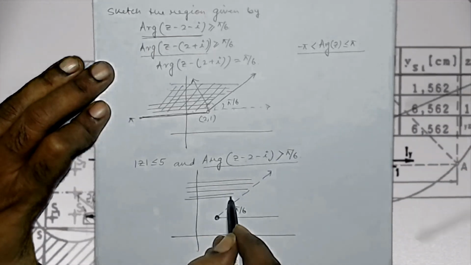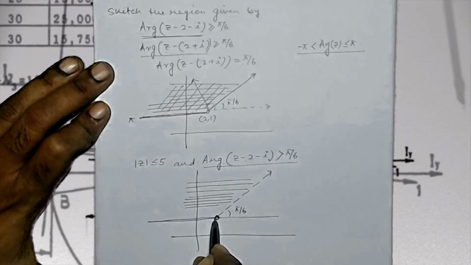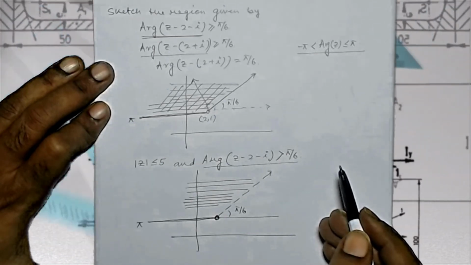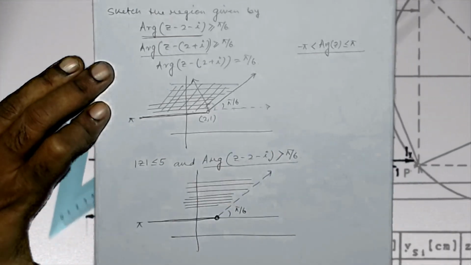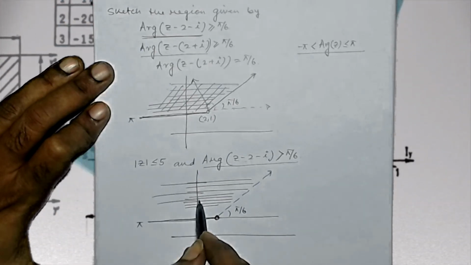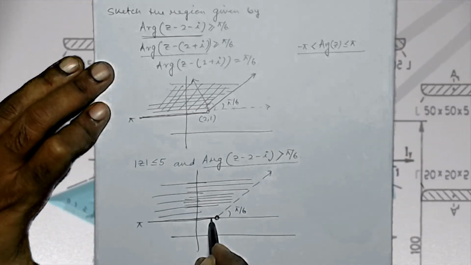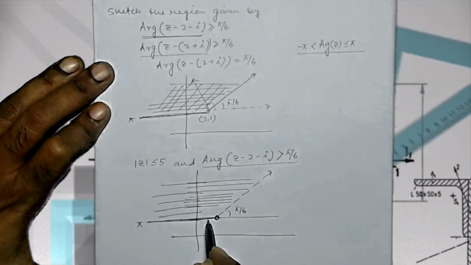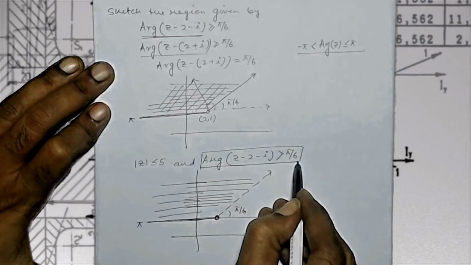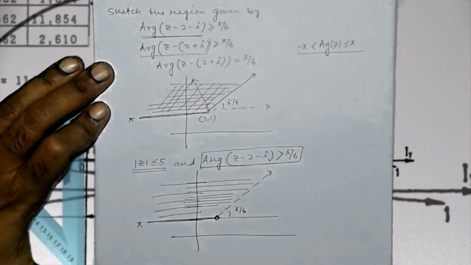Therefore, the point can be anywhere in this region, but not exceeding pi also, because the principal argument always lies between minus pi and pi, as I defined in the above problem. So your z can be anywhere in this region, excluding this emanating ray, but it can be on this line also, which will satisfy this condition. Yes or no? Okay.